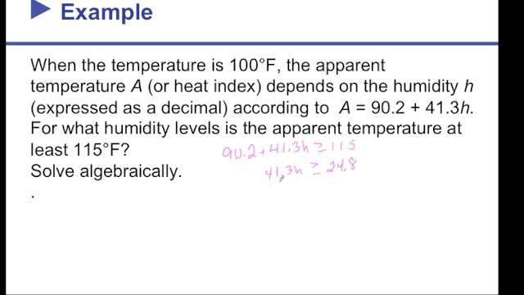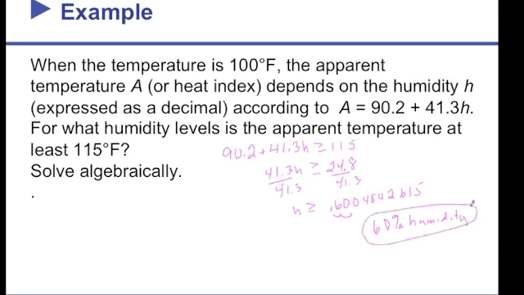Divide by the 41.3 on both sides, and I'll find out H is greater than or equal to 0.60048426 on my calculator, changing that to percent. Again, the 60% humidity will result in 100 degrees Fahrenheit feeling like 115 degrees Fahrenheit.